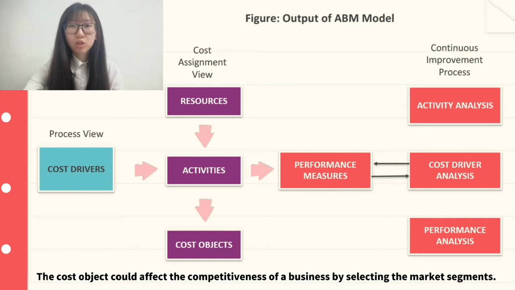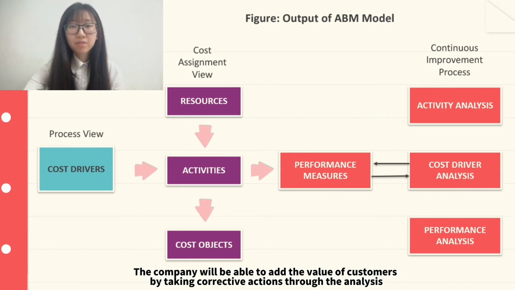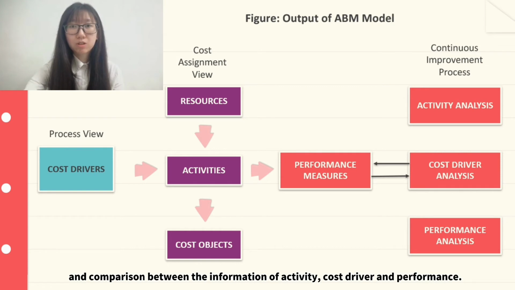The cost object could affect the competitiveness of a business by selecting the market segments, while on the right-hand side, it shows the continuous improvement process. The company will be able to add value for the customers by taking corrective actions through the analysis and comparisons between the information of activity, cost driver, and also the performance.